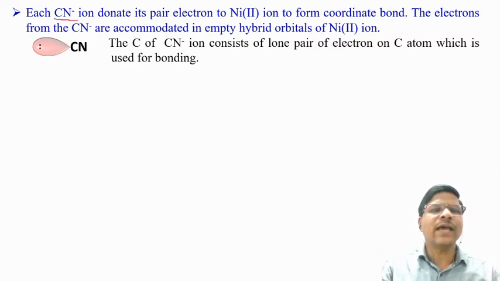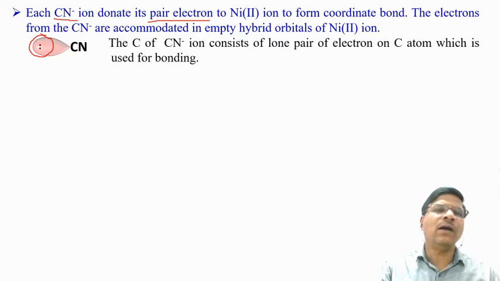So what is the characteristic of cyanide? Cyanide ion consists of one lone pair of electrons, and this lone pair of electrons is used for the bonding. So if you see the cyanide ion, we have this sigma bonding orbital on it. It consists of a pair of electrons, and this can be used for the bonding.